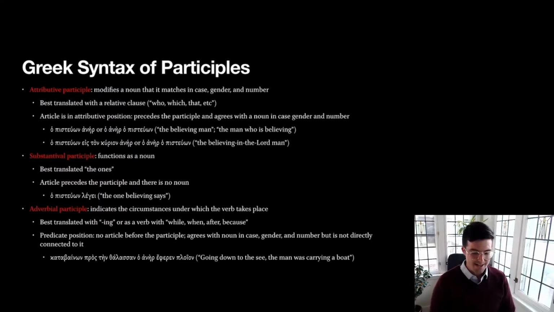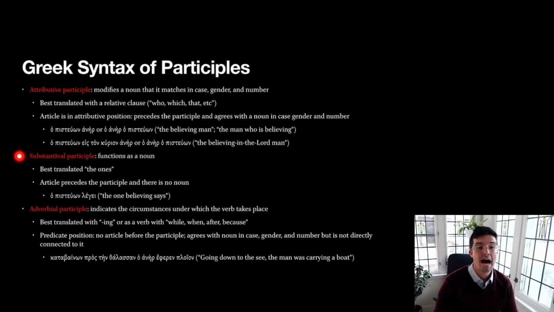So what I've done here is I've given you all of this same information that was on 3 separate slides onto one slide, so it's in one convenient place as far as your electronic documents go. So we have the attributive participle and the substantival participle. Remember, both of these are subcategories of the adjectival participle, and they're both going to have the article before them.